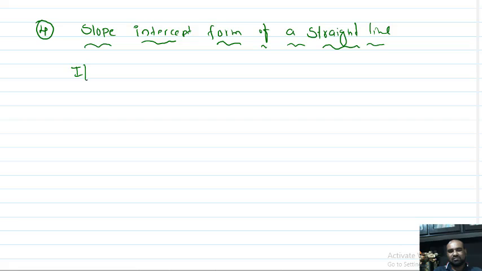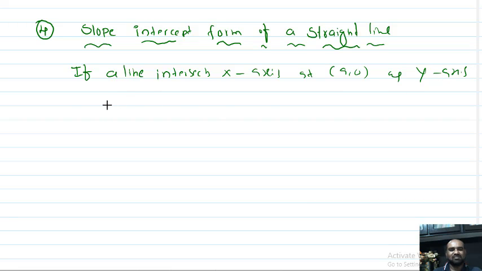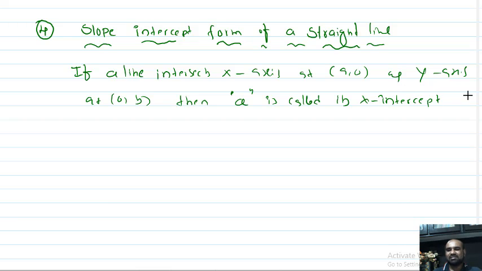If a line intersects the x-axis at some (a, 0) and the y-axis at (0, b), then a is called its x-intercept, and b is called its y-intercept.